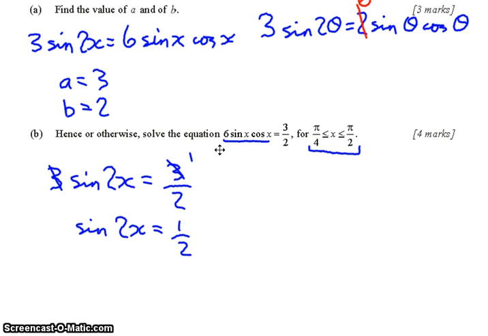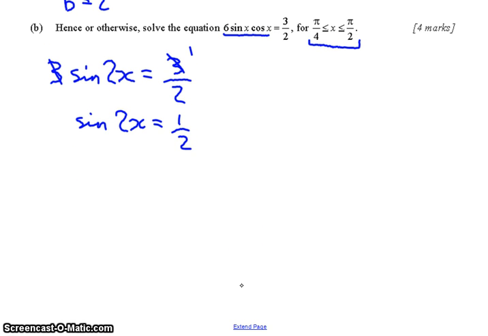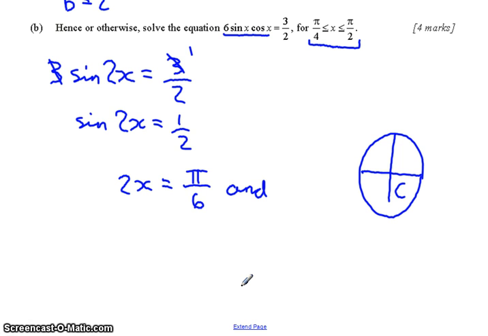Now, you should be well aware, because you've been practicing your trigonometric values, if you do inverse sine of a half, that gives us 2x is equal to pi over 6, and using our CAST diagram, 0, pi and 2 pi, we've done the inverse sine and we got pi over 6.